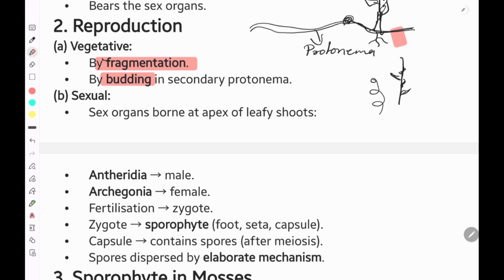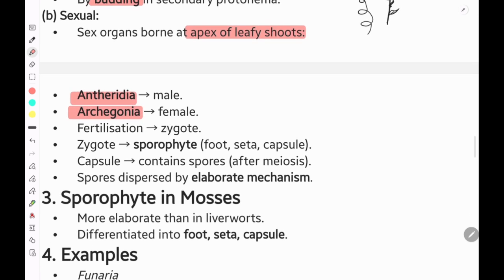The sex organs are borne at the apex of the leafy shoot. Antheridia for male, archegonia for female, and from fertilization the zygote is formed. The zygote further develops into the sporophyte, foot, seta, and capsule.